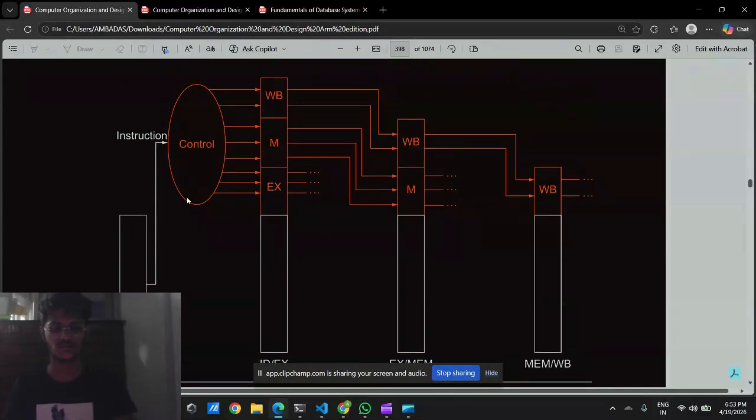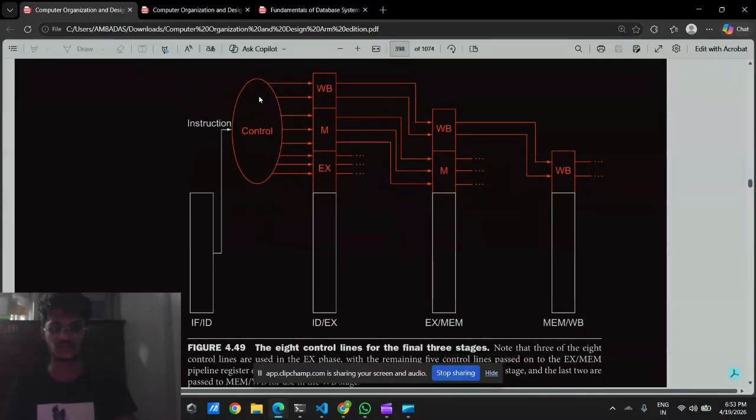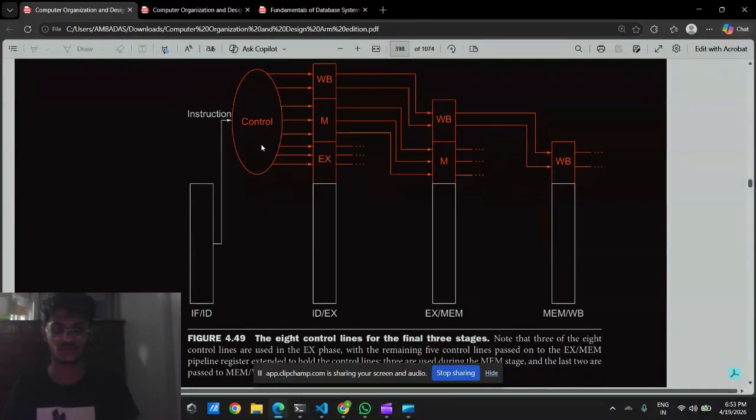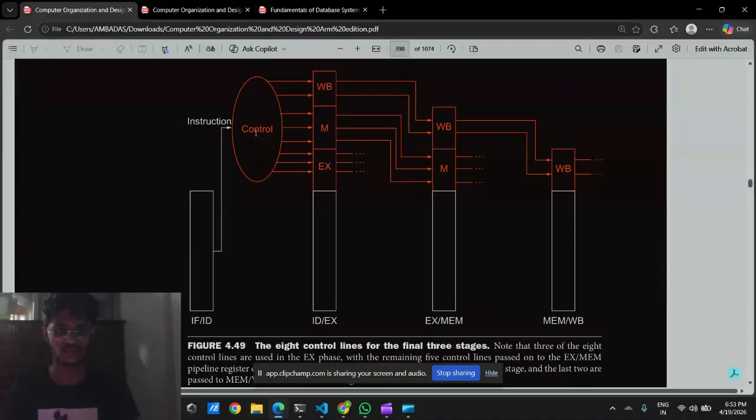So this is how the control lines are organized.